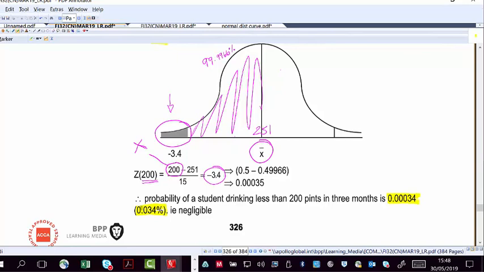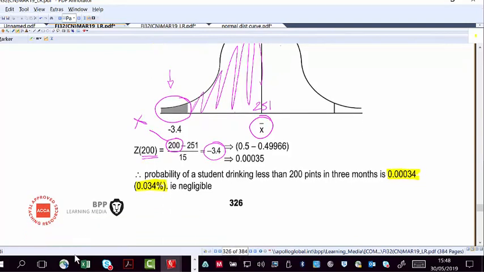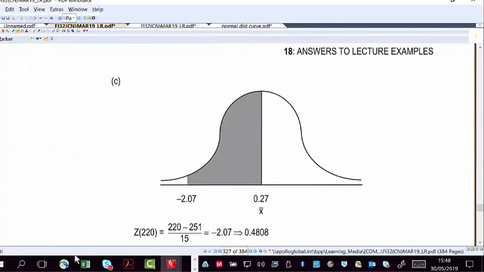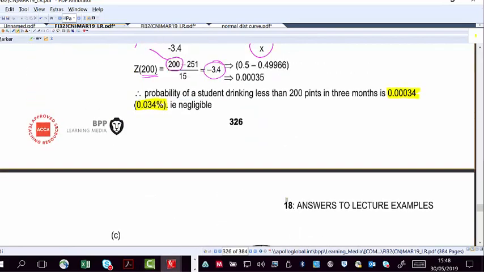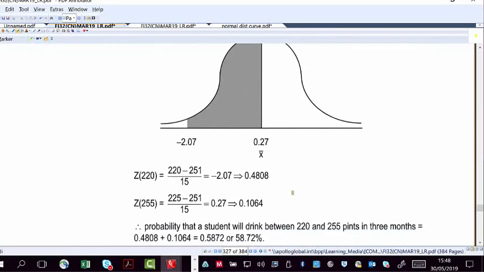Okay, and then finally in requirement C, we are asked the likelihood that a student will drink between 200 and 255 pints. This time we have to calculate two separate z-scores, the z-score for 200 and the z-score for 255.